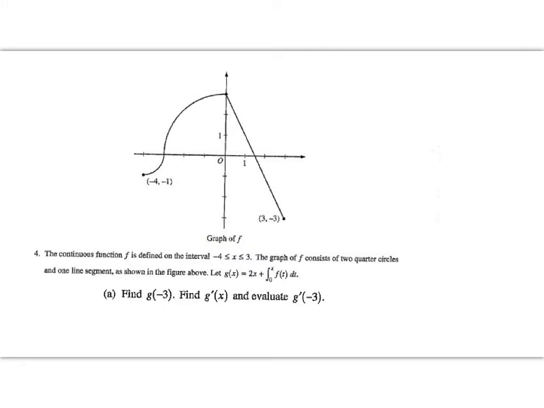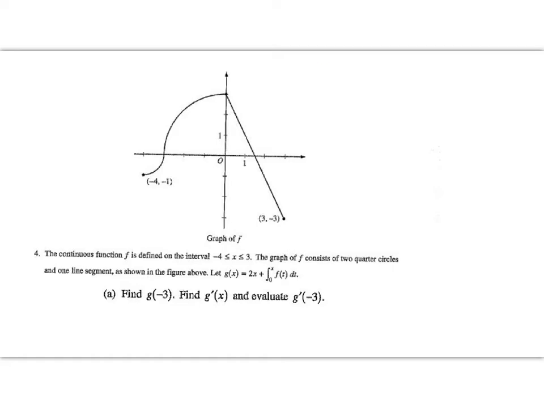Okay, we're going to start by finding g of -3 and then find g prime and evaluate g prime of -3. All right, well, let's start with g of -3 first.